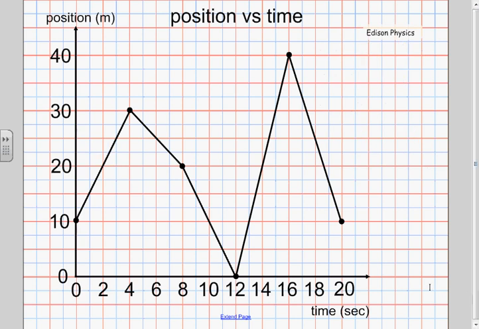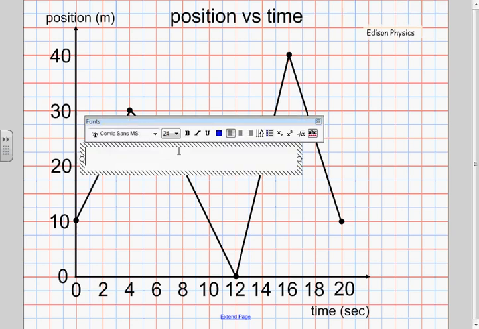All right, so here's the same graph again. This time, let's find our speed for the first 12 seconds. So what do I need to know to find the speed for the first 12 seconds? Well, I need to know how far I traveled, right? So again, for the first 4 seconds, we already did that. That was 20 meters.